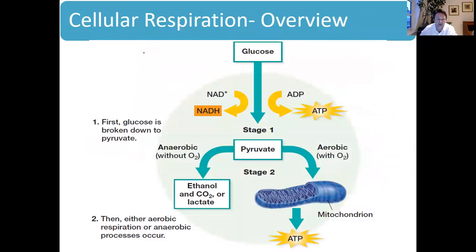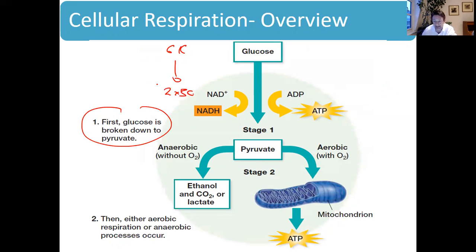Okay, let's go through glycolysis and Krebs cycle and link reaction, etc. So glycolysis, remember, occurs in the cytoplasm. So this is the first part, where we break down glucose into pyruvate. You take 6-carbon glucose and you break it down into 2 3-carbon pyruvates.